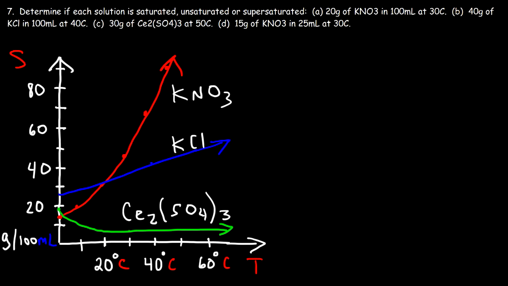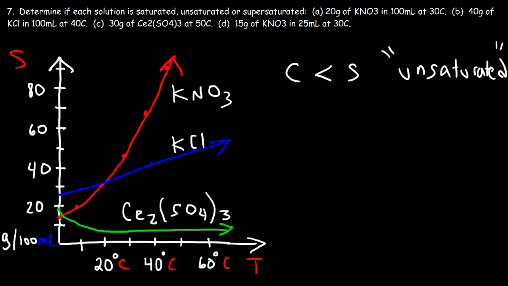Number 7, determine if each solution is saturated, unsaturated, or supersaturated. Now recall that maybe if you saw another video that I created on solubility, it's a basic introduction on that video. I mentioned that whenever the concentration is less than the solubility, then you have an unsaturated solution. That means you can dissolve more.